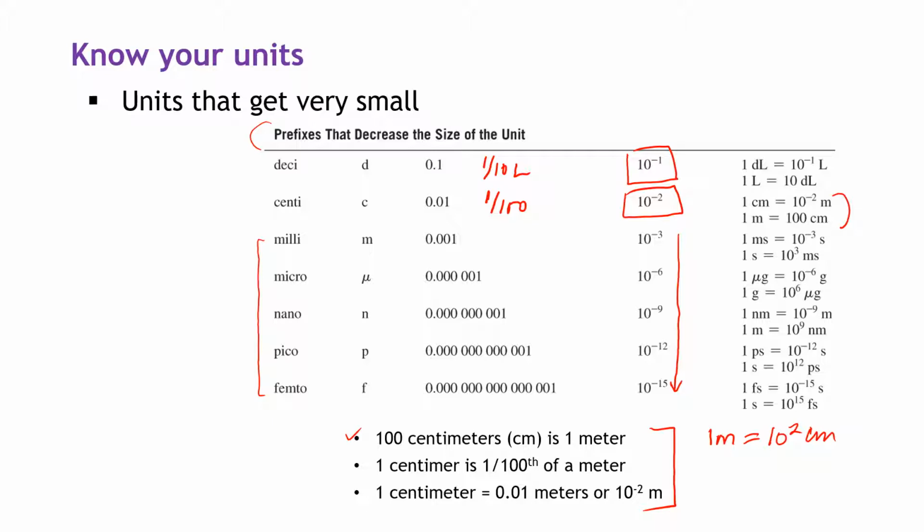Notice what happens if we go the other way around. A single centimeter, 1 centimeter, is 1/100th of a meter. Well, that's simply a way of saying 1 centimeter equals 10 to the negative 2 meters. Notice what's going on here. When we go from a large unit to a small unit, so we have a single meter, that's equal to 10 to the 2 centimeters.